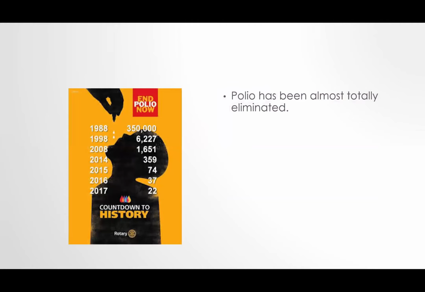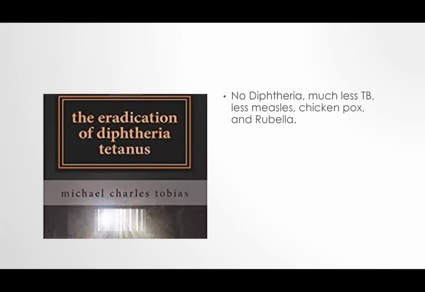Polio has almost been totally eliminated. Polio was the scourge when I was growing up, and in almost every class there was a child with those brown boots and those braces, and many of us were frightened of polio. There's no diphtheria, much less TB, less measles, chickenpox, and rubella.